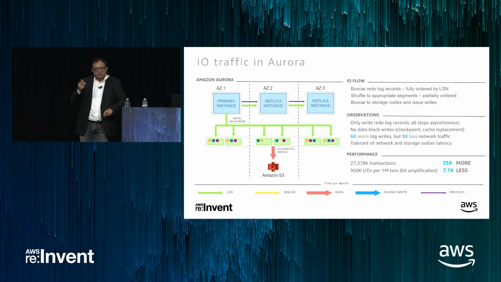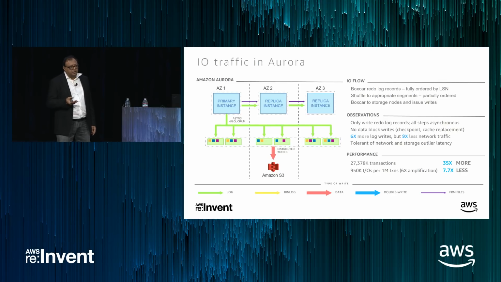Interestingly, because the data pages are instantiated in the storage system, we don't have this notion of checkpoints or cache replacements, and that's a really big improvement, because the problem is that there's a positive correlation in the typical database between the activity that's happening in the foreground and the number of cache replacements and the amount of checkpointing that's going on.